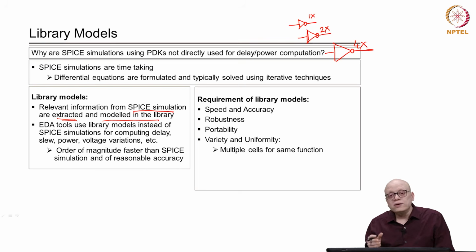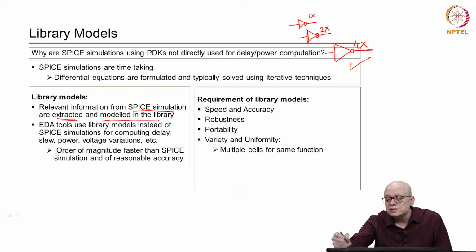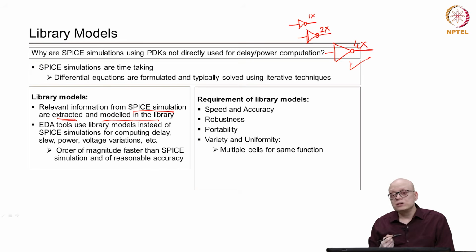If there is a critical path, then the synthesis tool can instantiate, say, an inverter of size 4x, which will drive much faster than an inverter of drive strength 1x, which is 4 times smaller than 4x.